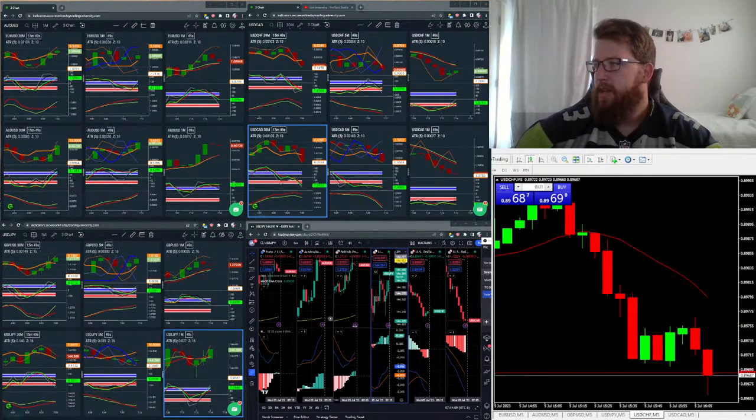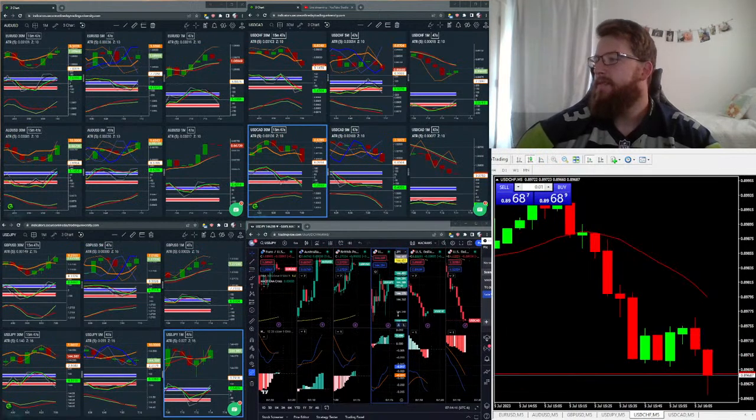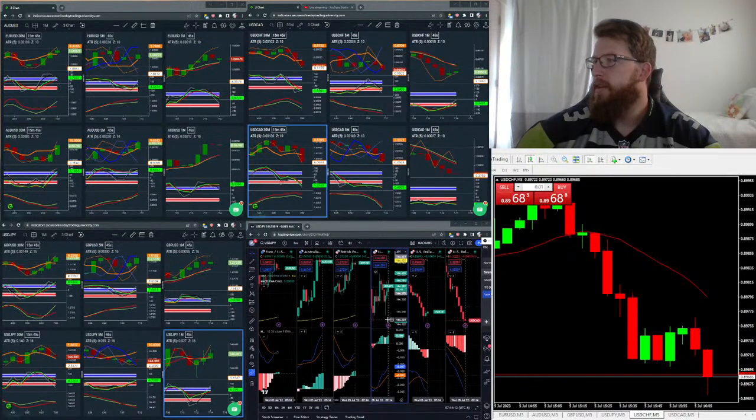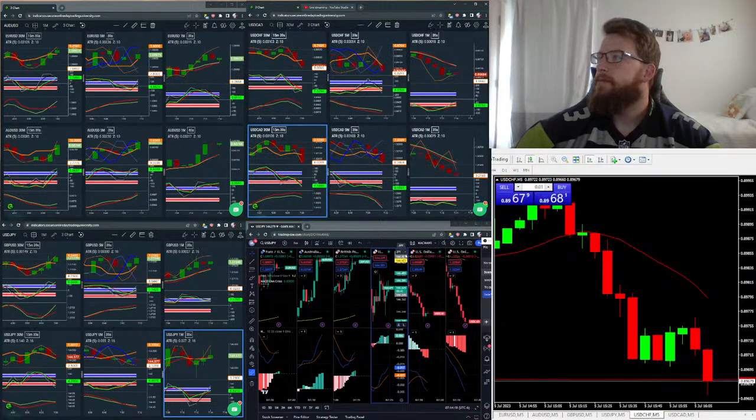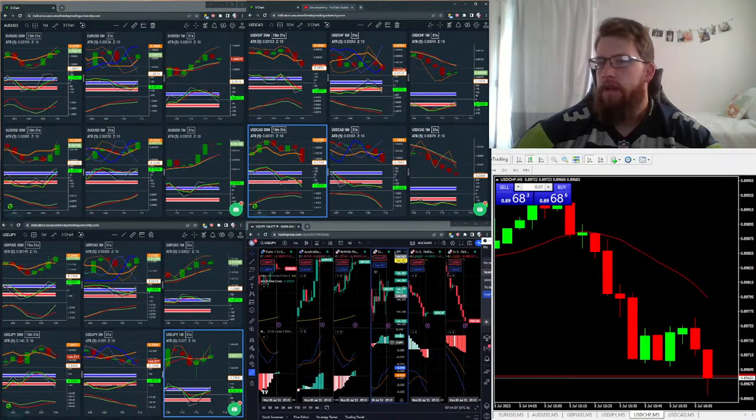Look at my MACD setup. See if anything's brewing over here. Doesn't look like I have any setups brewing there quite yet.